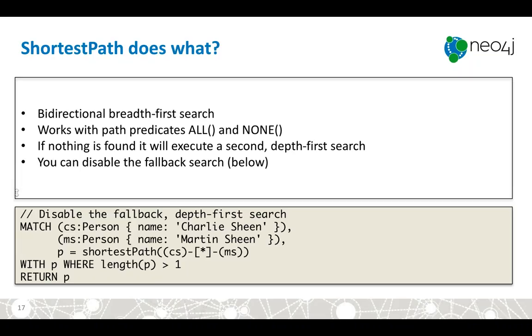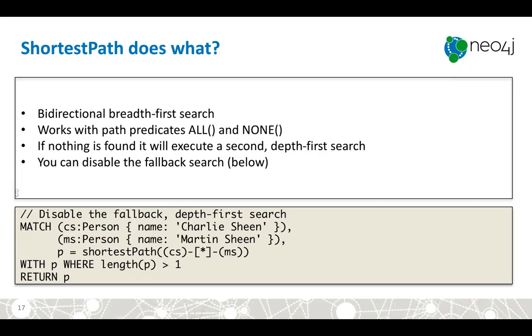Anything that requires the entire result set to be calculated first before the predicate can be calculated does not work with the shortest path very well. And if nothing is found by the breadth first search, it will execute a fallback of a depth first search.